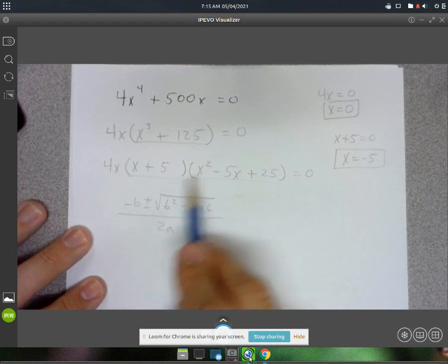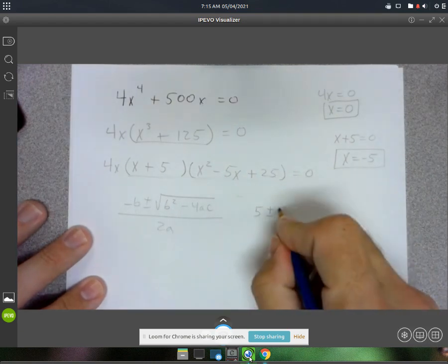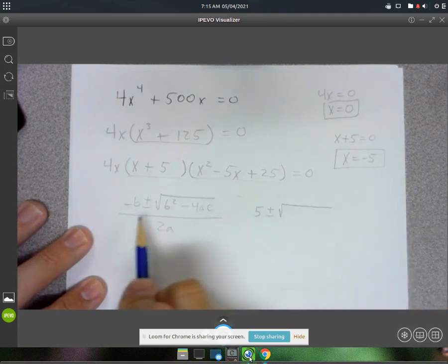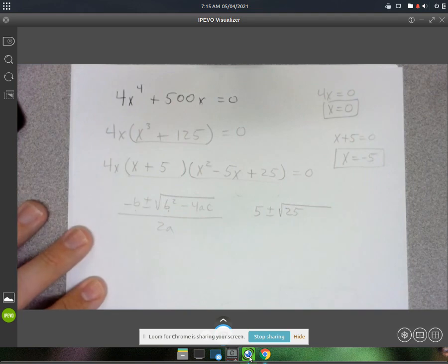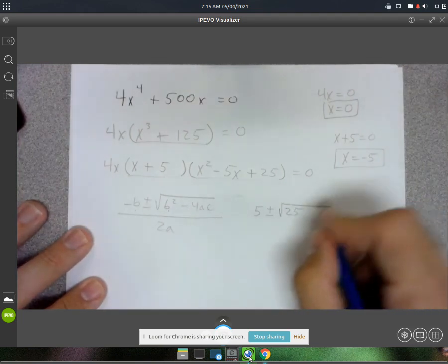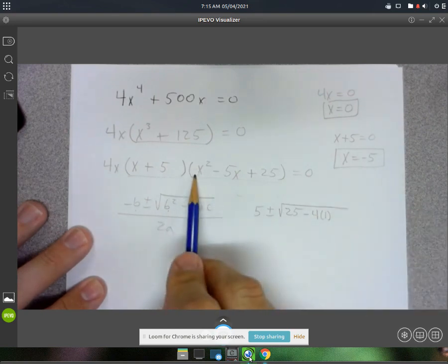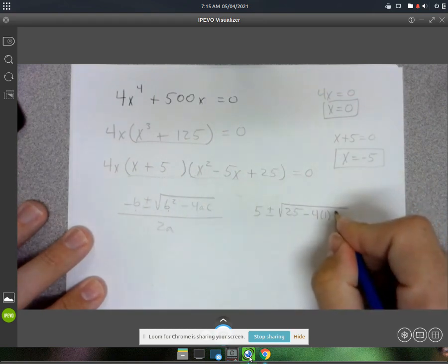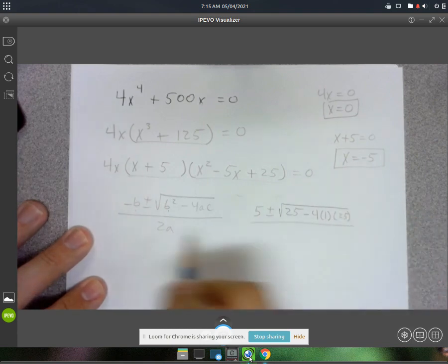So negative b is going to be positive 5 plus or minus the square root of b squared, which is negative 5 times negative 5, and then minus 4ac, minus 4. A is a 1, and c is a 25, all over 2 times a.